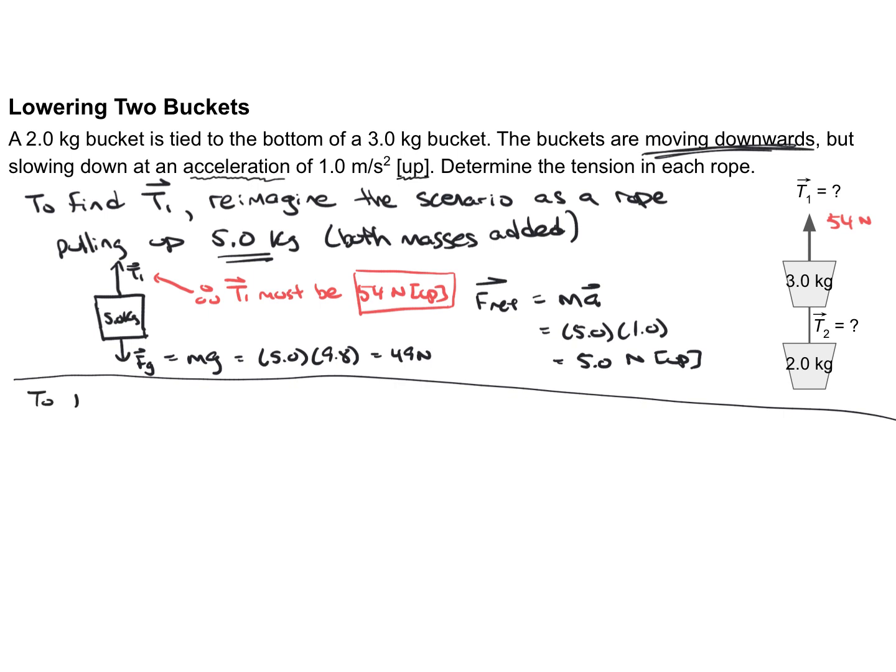To find T2, I'll say it's simplest to just focus on one of the buckets. And it's your choice. You can focus on the 3 kilogram bucket or the 2 kilogram bucket. I think it ends up being easier to focus on the 2 kilogram bucket. So I will do that.